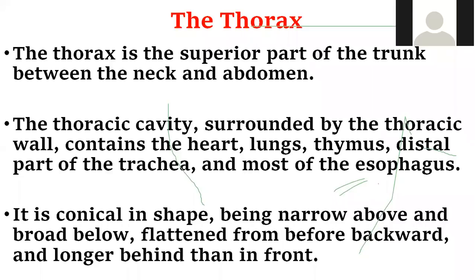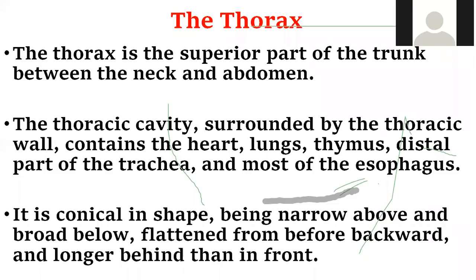It is conical in shape, and when I say the shape is like a cone, the part above is narrow and the part below is broad. I'm sure we want to begin to think why that is so. The part above is connected with the neck, and those structures pass through it, and the part below, I told you, is broad, is wide.